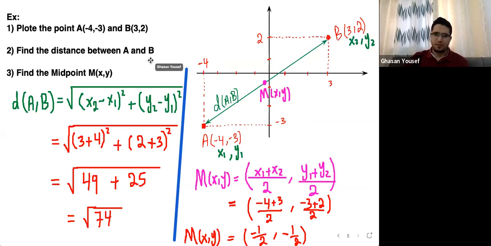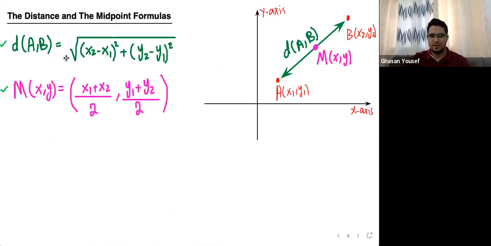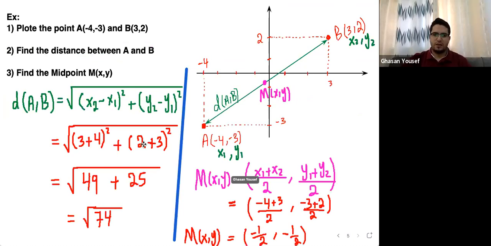For the second part, they ask to find the distance between A and B. It's a direct formula from before, from this slide. The distance between any two points is the square root of the difference between the x coordinates squared plus the difference between the y coordinates squared. So you choose your x1 and y1, and also your x2 and y2, then you plug them directly into the formula.